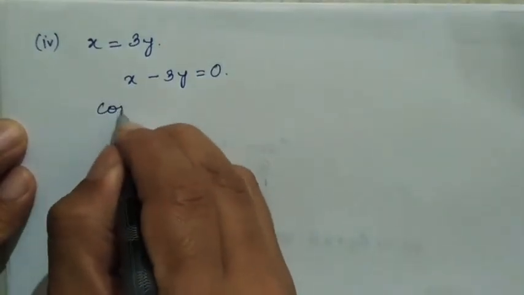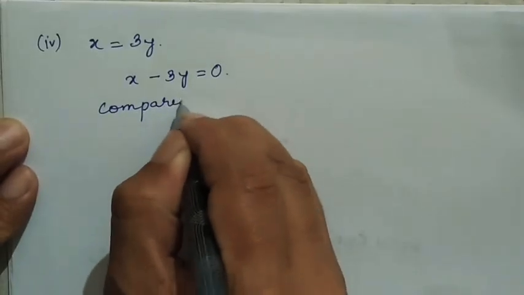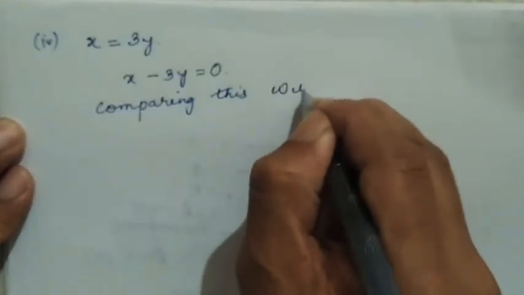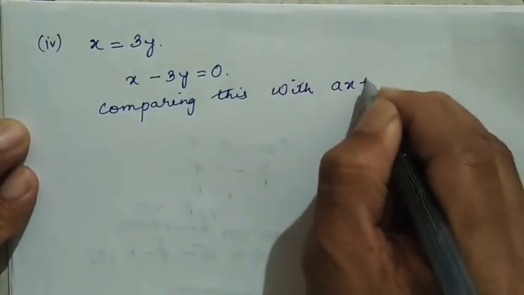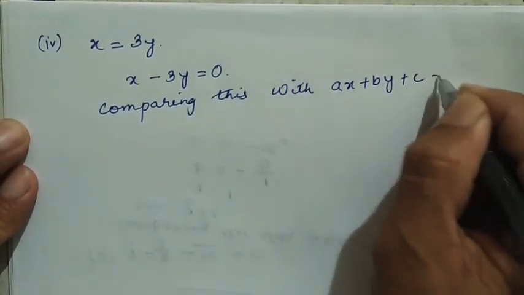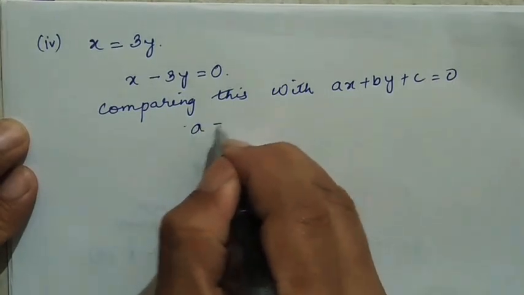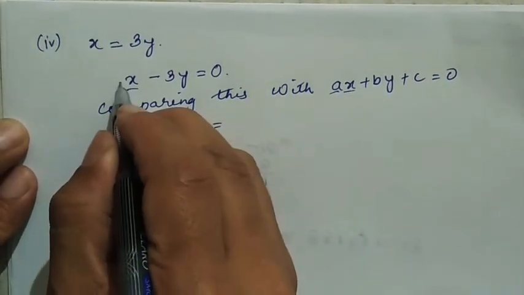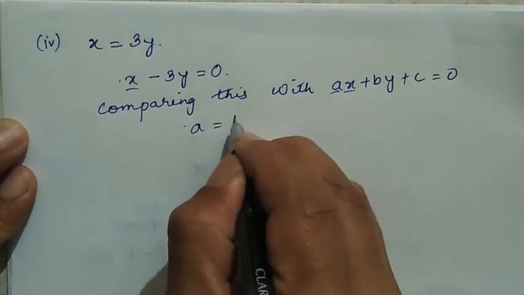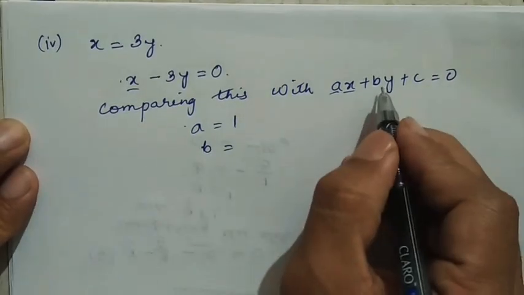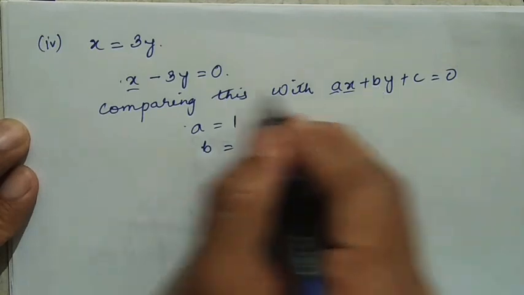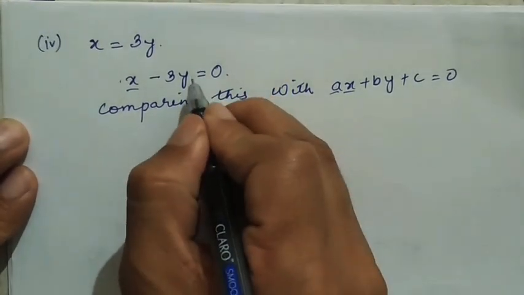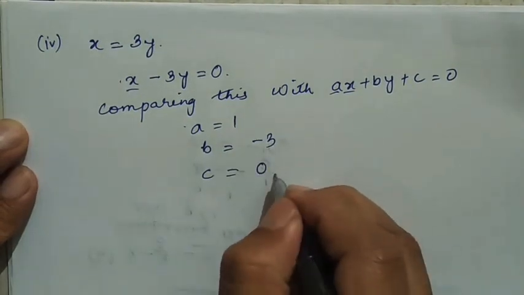Now comparing this with ax plus by plus c is equal to 0, we find a will be 1, since there is no number before x. b will be equal to y's coefficient, which is minus 3. And then c: there is no constant, so c will be 0. Okay.